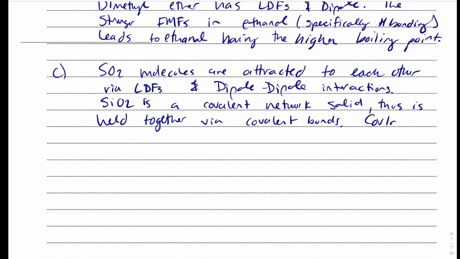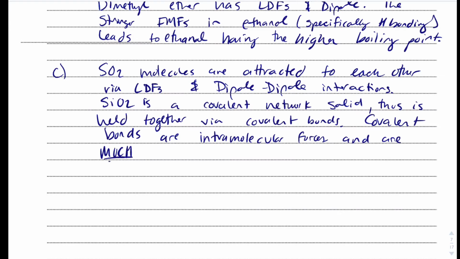And covalent bonds are not intermolecular forces, but they're intramolecular forces, and are much stronger than LDF or dipole-dipole intermolecular forces.